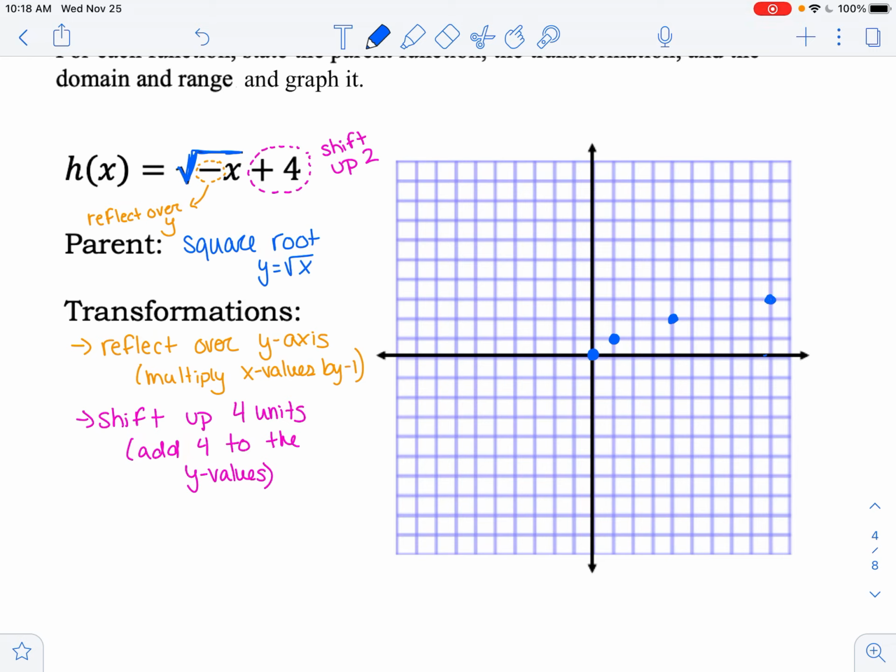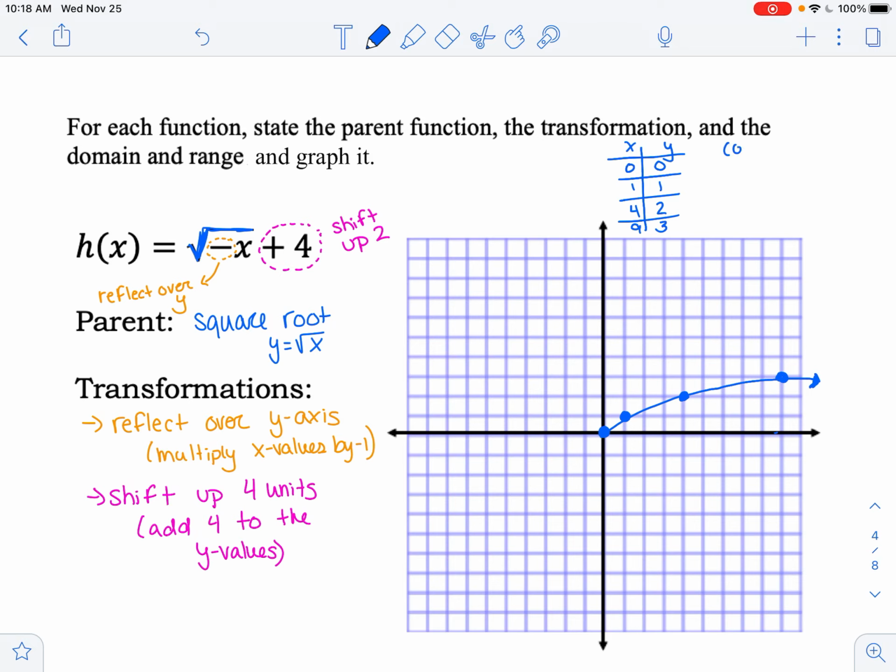Right, so I've chosen the x values of 0, 1, 4, and 9 because those are perfect squares. And if I take the square root of each of those, this is what I get. So those are my points. Right, so my points are (0, 0), (1, 1), (4, 2), and (9, 3).